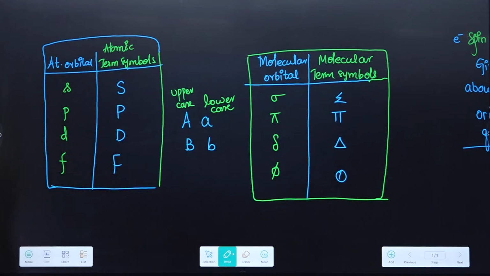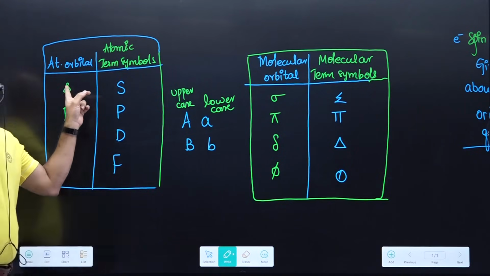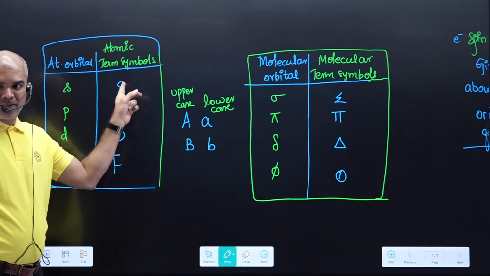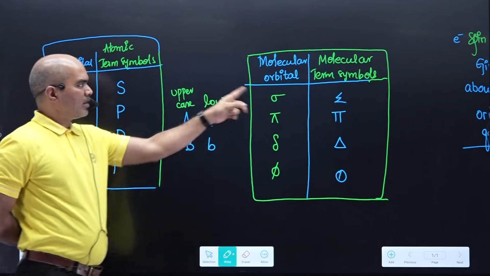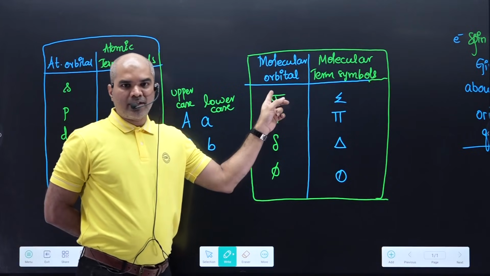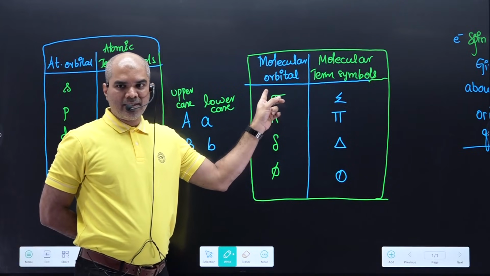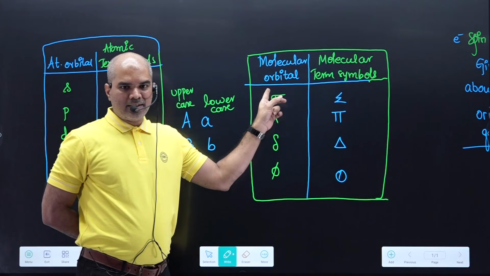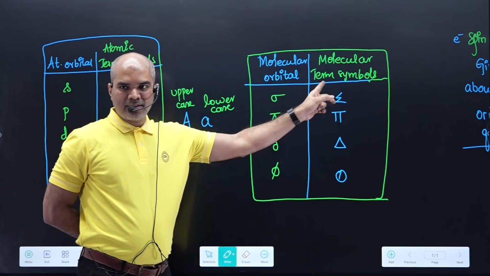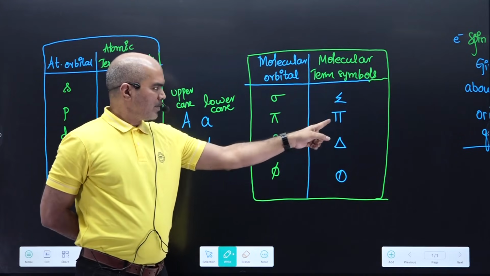Sigma. Okay, pronounce this. S. But how do you start with? S. Sigma. S.